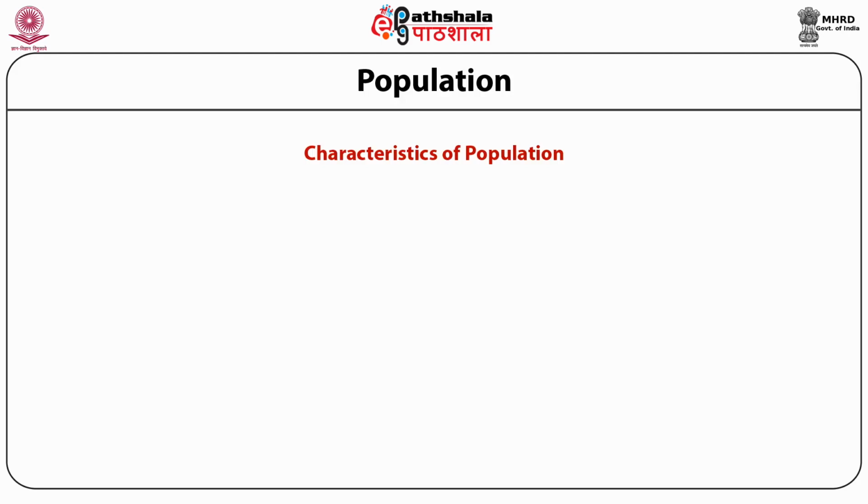These functions are unique to the group and cannot be applied to the individuals in the group. Some of these properties are density, mortality, age distribution, biotic potential, dispersion, dispersal, and growth forms.